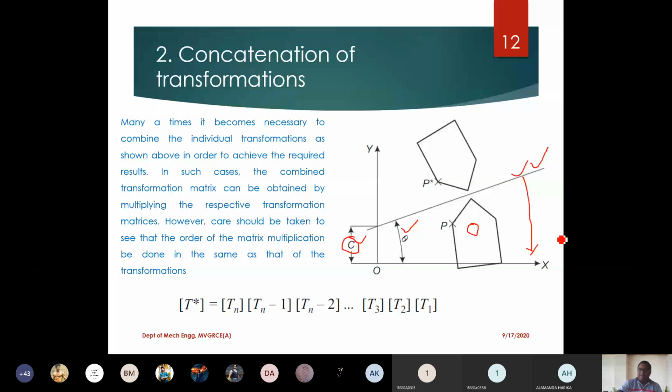If you extend the straight line, it may intersect somewhere like this.